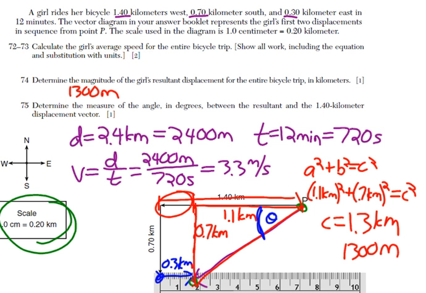All right, I see here that I have the opposite side, 0.7 kilometers, and the adjacent side, 1.1 kilometers. So opposite and adjacent, I would use tangent. So tangent of theta is opposite over adjacent, 0.7 kilometers over 1.1 kilometers.